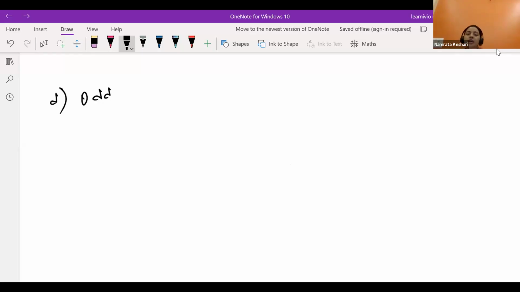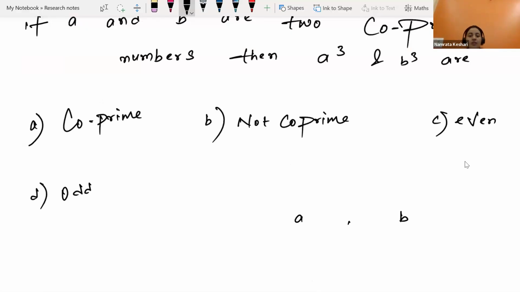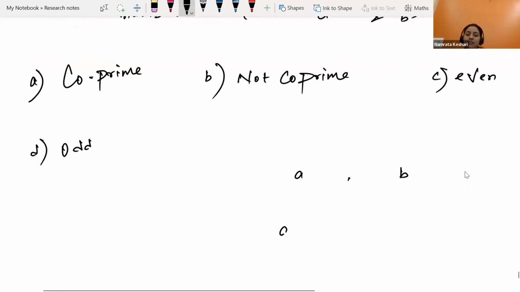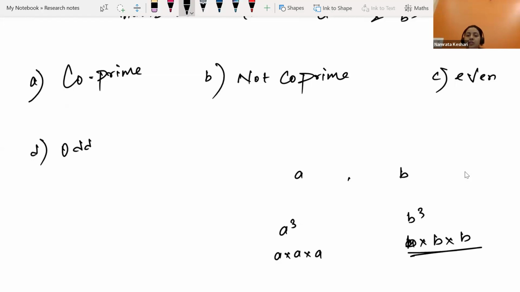So if A and B are co-prime numbers, then A cube means A times A times A, and B cube means B times B times B. Since A and B don't have any common factor, even if we multiply A with A again and B with B again, both will be co-prime only.